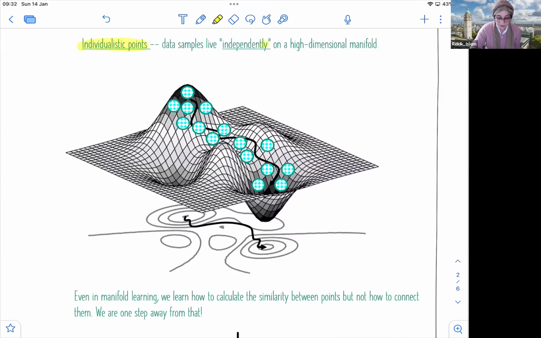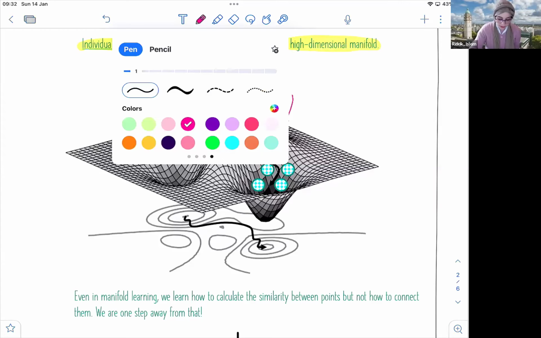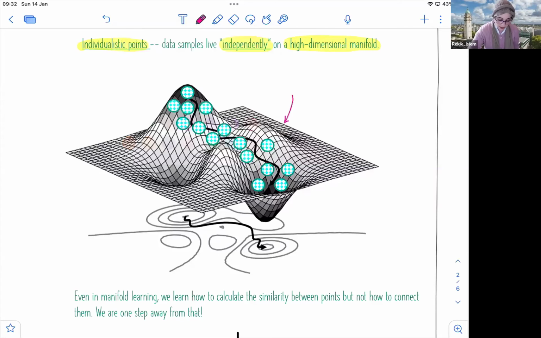The data samples, they live independently on a high dimensional manifold. So even in manifold learning, for example, this is the high dimensional manifold. You have different data points, and you want to do regression problems. So you want to identify a path here that regresses these points, right? So now this path is projected here into a two-dimensional plane, right?